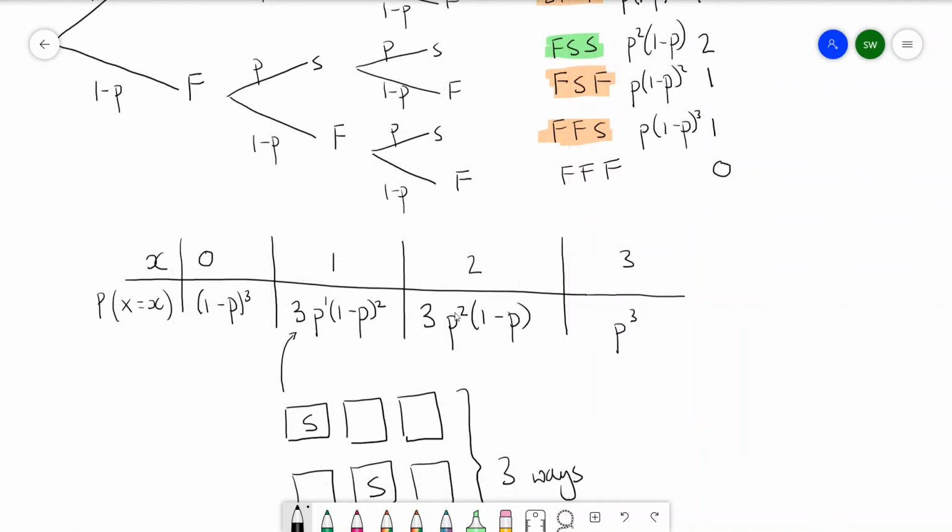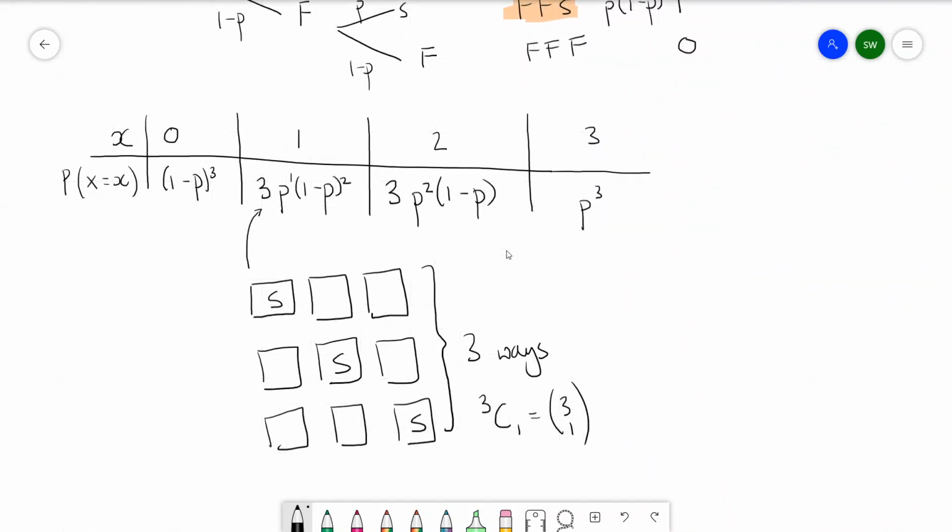So you can see that we've got p squared here because we've got 2 success branches, and just 1 minus p because we're going to go down the failure branch just once. And this 3 is because there's 3 ways of having 2 successes.